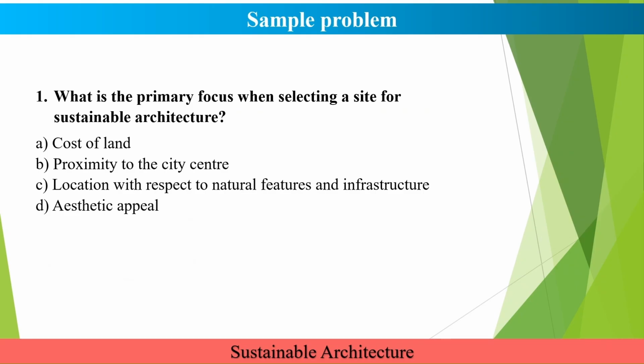Suraj is saying option B. This is based on the first lecture of week 5. Whenever you will be practicing sustainable architecture and doing the site selection, what is the primary focus of yours?